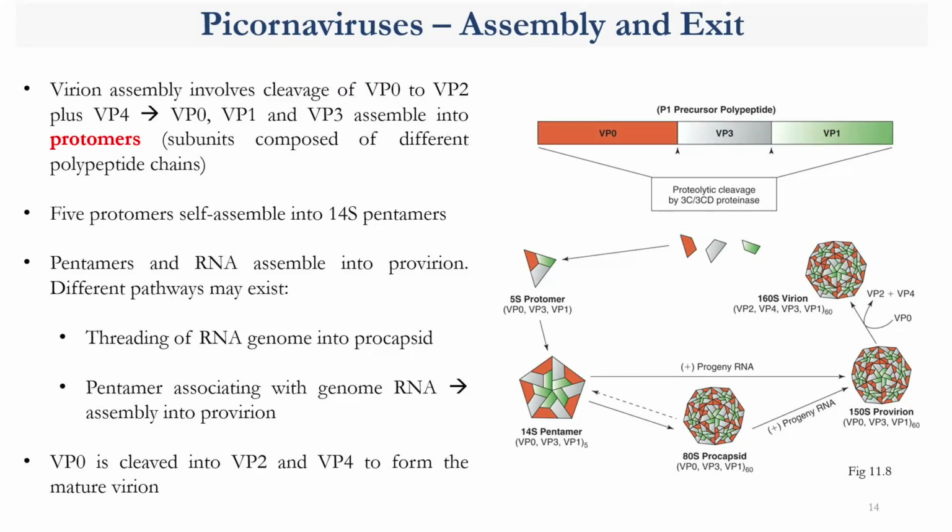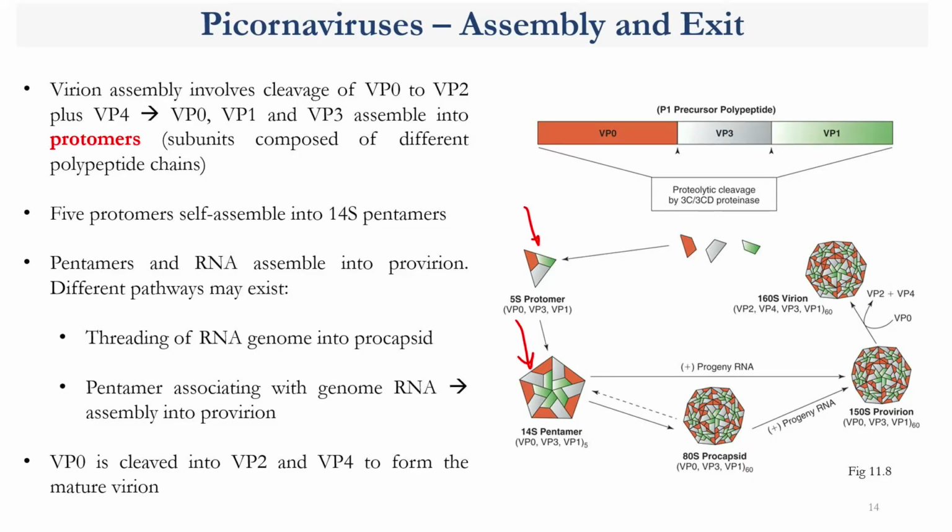Now, your various viral proteins, they assemble into what's called protomers, okay? Protomers are basically subunits that are composed of different polypeptide chains. So you cleave this proteolytically, and then you form, for example, a 5S protomer, which then assembles into a pentamer.